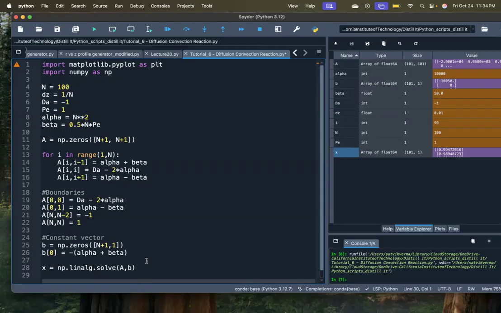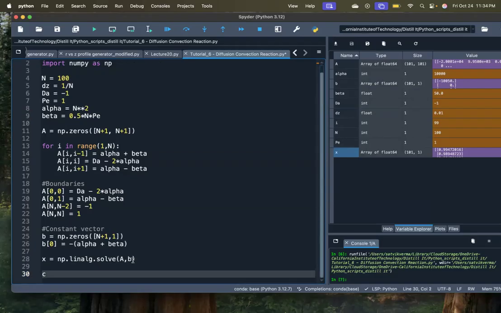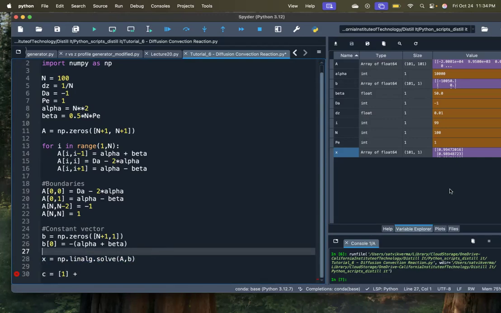So when we extract the concentrations, they are going to start with 1, and then we'll add everything else other than the last value, because that is Cn plus 1.